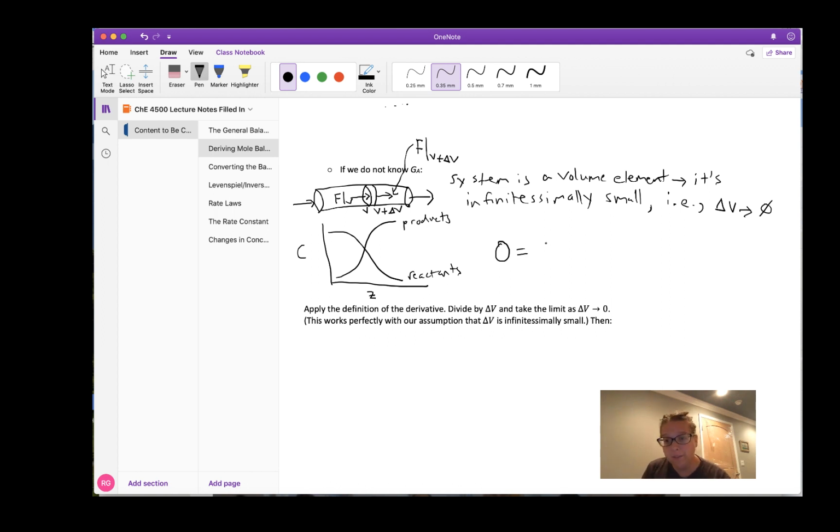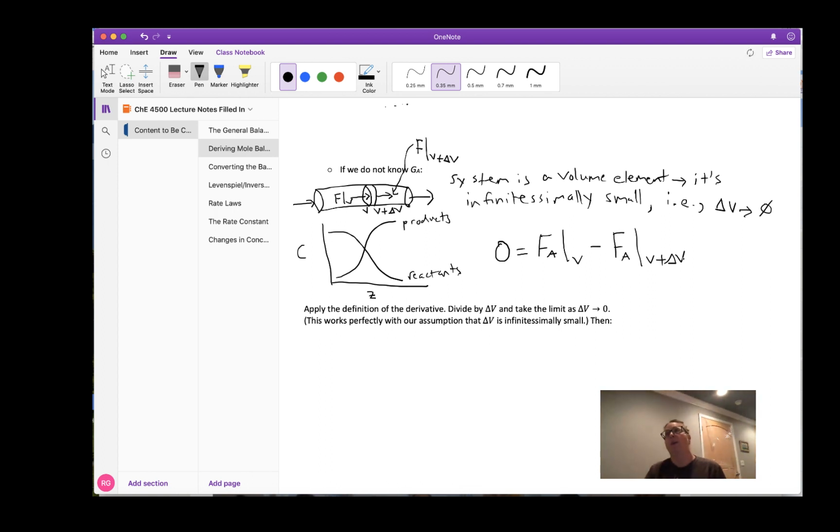My inflow is going to be the flow rate of A evaluated at V. So whatever the flow rate of A is right here, that's my inflow. My outflow is FA evaluated at V plus delta V. So my outflow is coming right here.